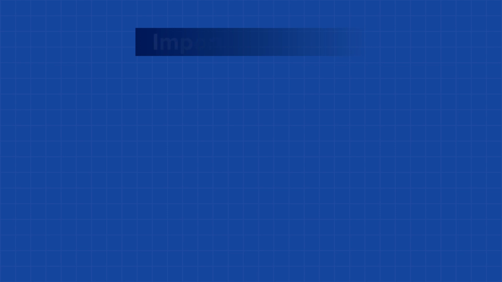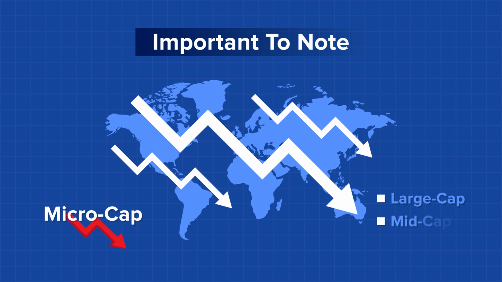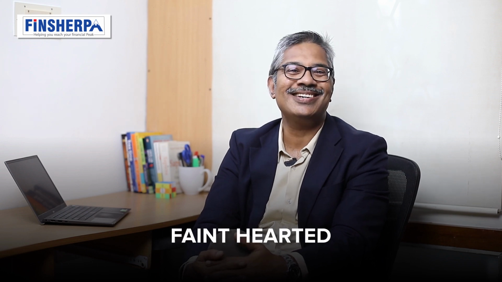However, it's important to note that when markets tend to fall, microcaps tend to have a much bigger fall than either large caps or mid caps or even small caps for that matter. So to that extent, it's not for the faint-hearted. It is for people who are looking at it in the really, really long term and are willing to wait for some of these companies to really perform and thereby add value to their portfolio.